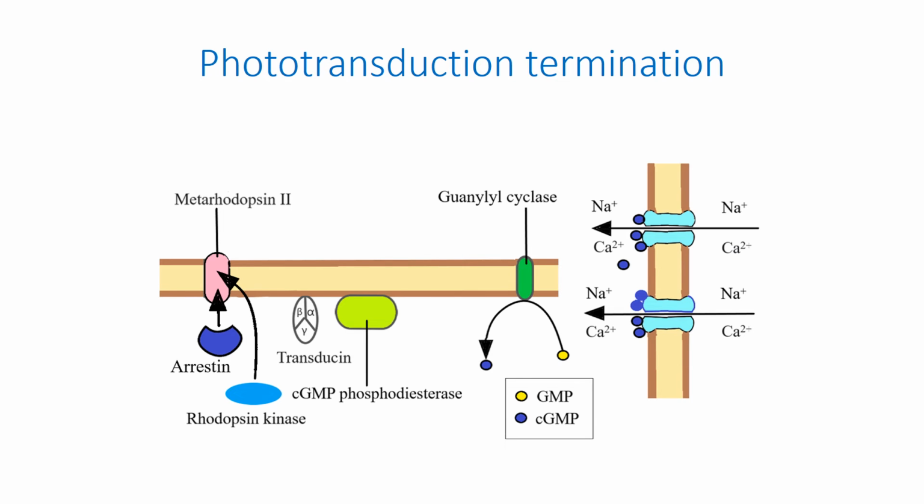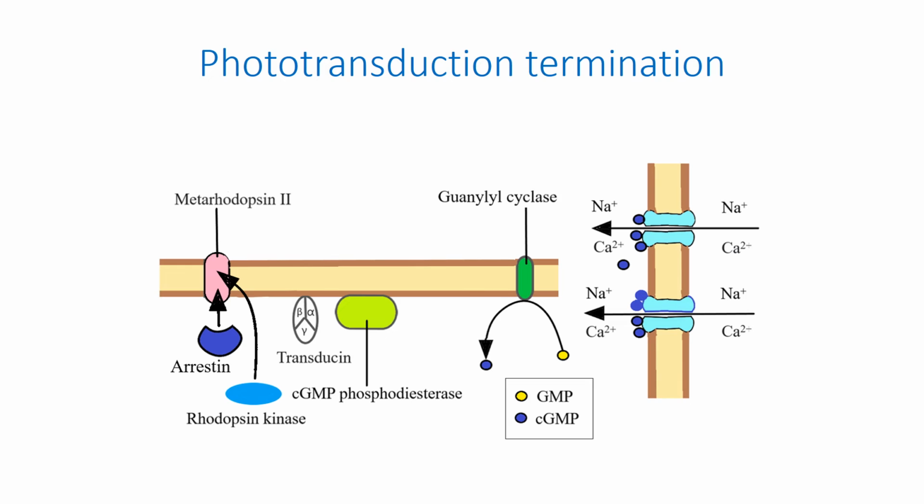Rapid recovery of the photoreceptor after light activation is important because it has to respond to subsequently absorbed photons and detect changes in illumination. Low level of intracellular calcium ions due to cGMP-gated channels closure leads to activation of rhodopsin kinase, which phosphorylates metarhodopsin II, reducing its binding affinity for transducin.